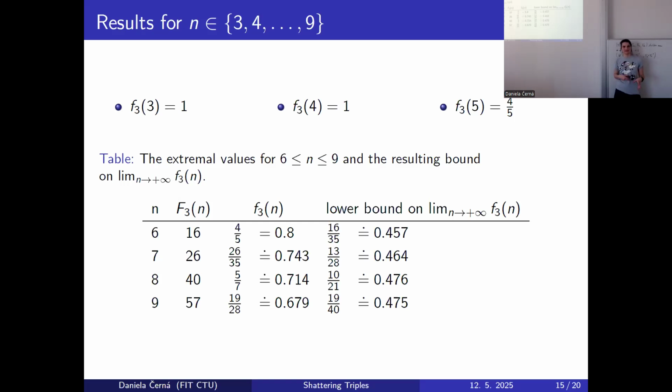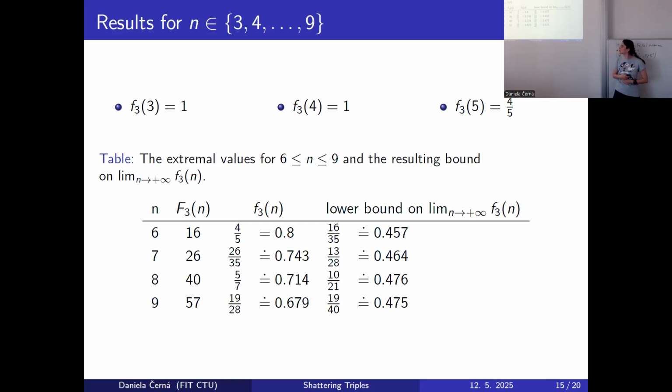So we looked at the permutations of order 8 that shattered 39 or 40 triples and tried to extend them, to find out that none of these can be extended to get 57. 58, yeah, sorry. Yeah, 58, and we got 57 quite a lot of times. Thank you.